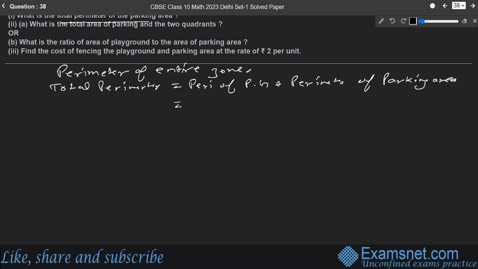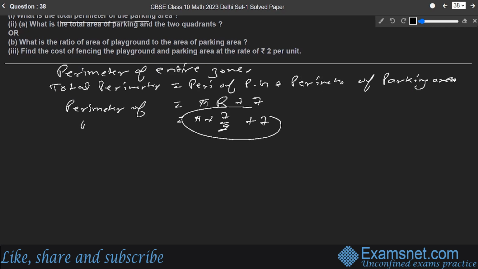So it is coming out to be pi r plus 7. Now it is equal to pi into r value, which is 7 by 2, plus 7. This is what we are finding out, the perimeter of the parking area, that is the semicircle, shaped like this.